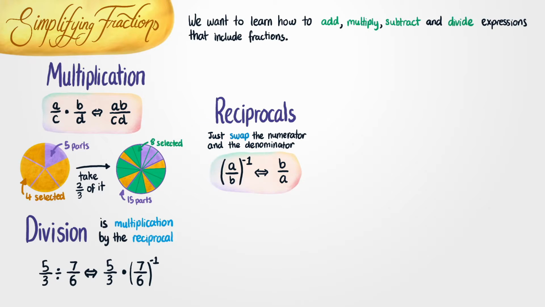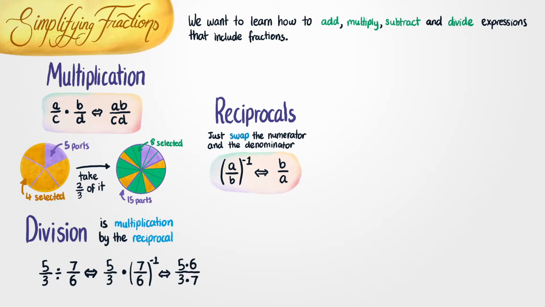Now because we know that a divided by b is the same thing as b divided by a, then we know that the 7 on 6 reciprocal is the same thing as 6 on 7, so we can replace that as well. Then as we found earlier, to multiply these two, you just multiply the tops, and then you just multiply the bottoms.